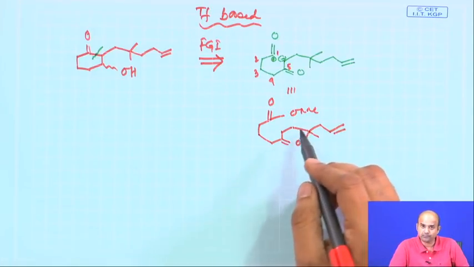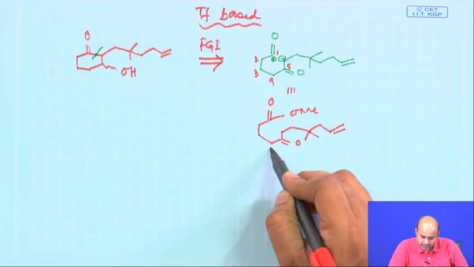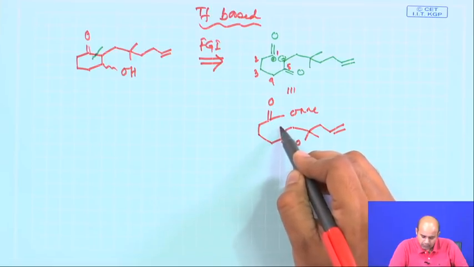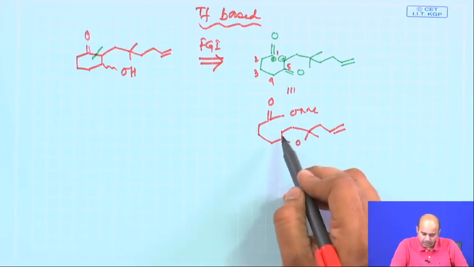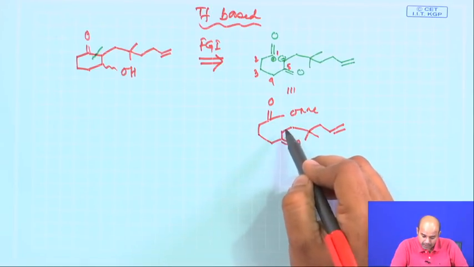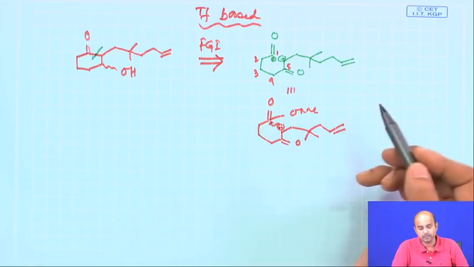This is a perfect example of a Dieckmann condensation. Definitely you have a regiochemistry issue, you could generate the anion from here or from here, which can be discussed a little later, but eventually if this compound is subjected to a base, this anion will be generated and you do a Dieckmann reaction.